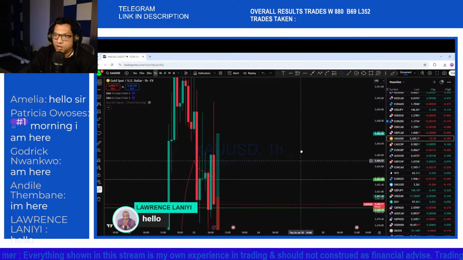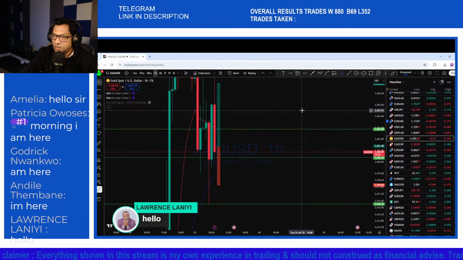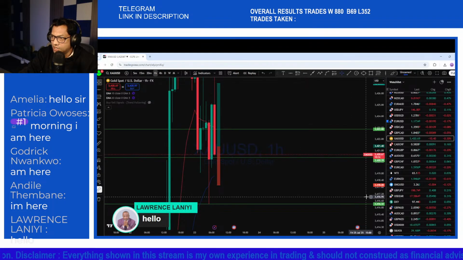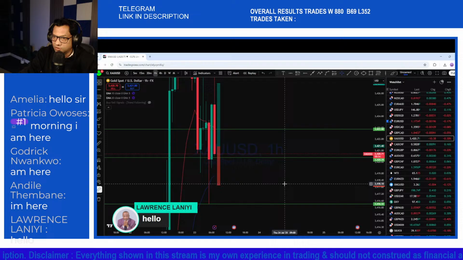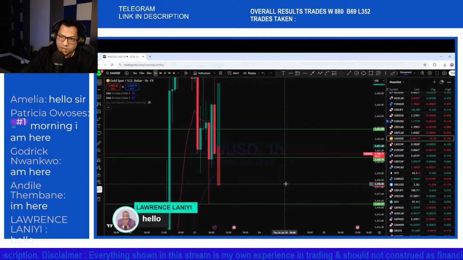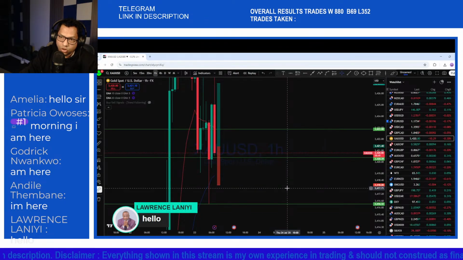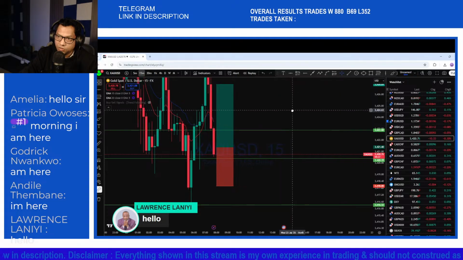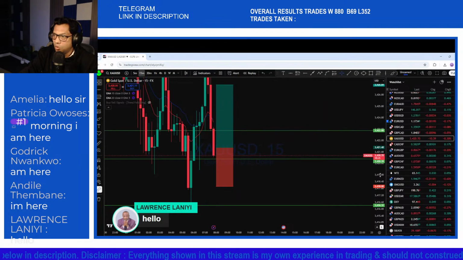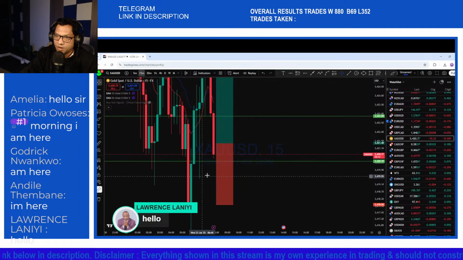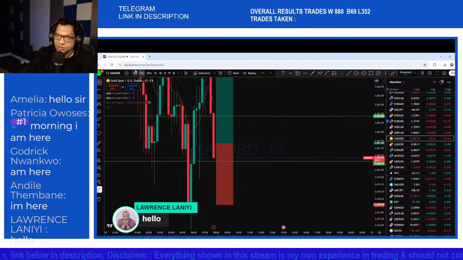From the 1-hour you can see it's also one single candlestick pattern to the upside, and we have a stop loss at 3418. If you have a bigger spread, then I would recommend going 1 or 2 pips below, so that it has a little bit of space if the market wants to grab more liquidity from this zone here.